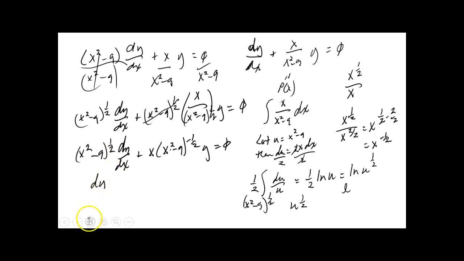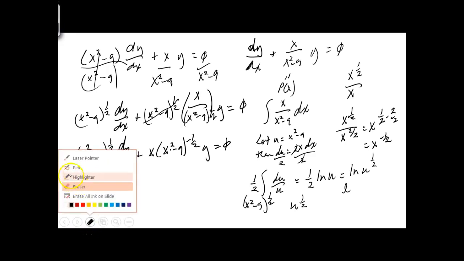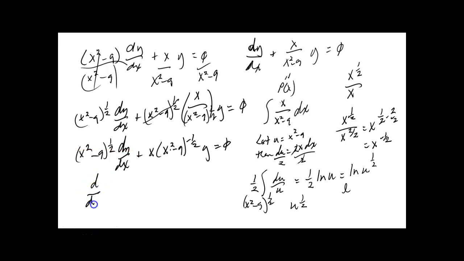I'm sorry that I can't write. D by dx of y times your integrating factor, which was x squared minus 9 to the 1 half power.